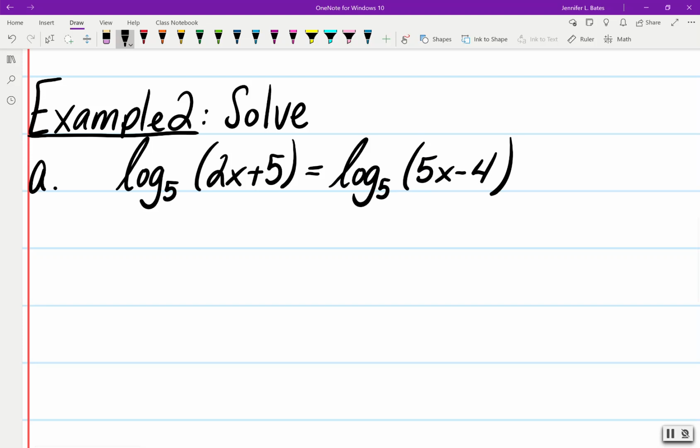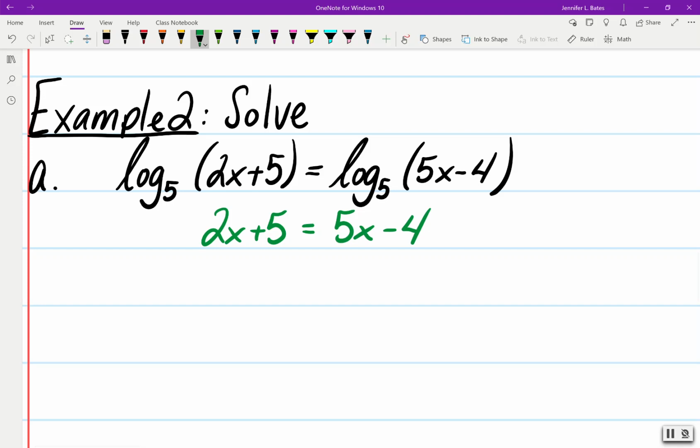So with the log property we just wrote down, if the bases are the same, we know that the logs are equal if the arguments are equal. The arguments are the stuff in parentheses, so we're going to drop down the arguments. 2x plus 5 is equal to 5x minus 4.